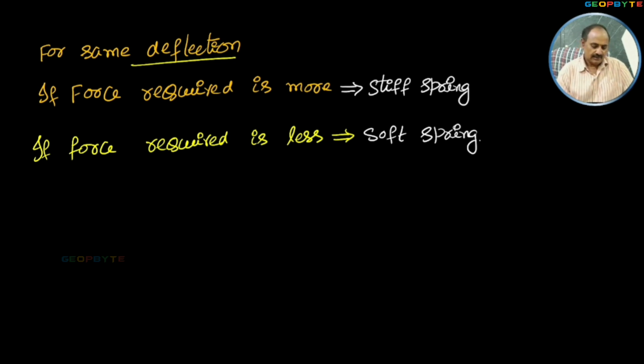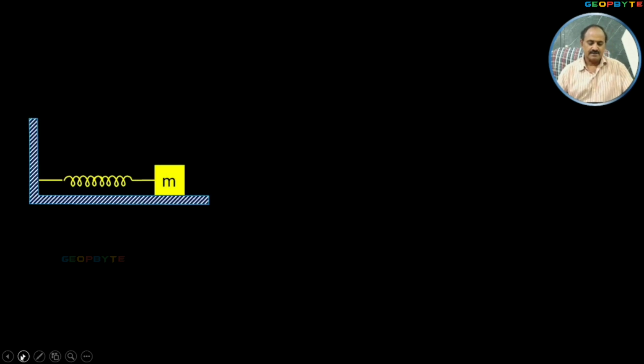Yes. Then let us decide the energy stored in the spring, that is, elastic potential energy. For that, look at the spring at the mean position. Mean position means deflection of the spring x equals 0. That means the net force acting on the spring is 0 to have zero deflection.